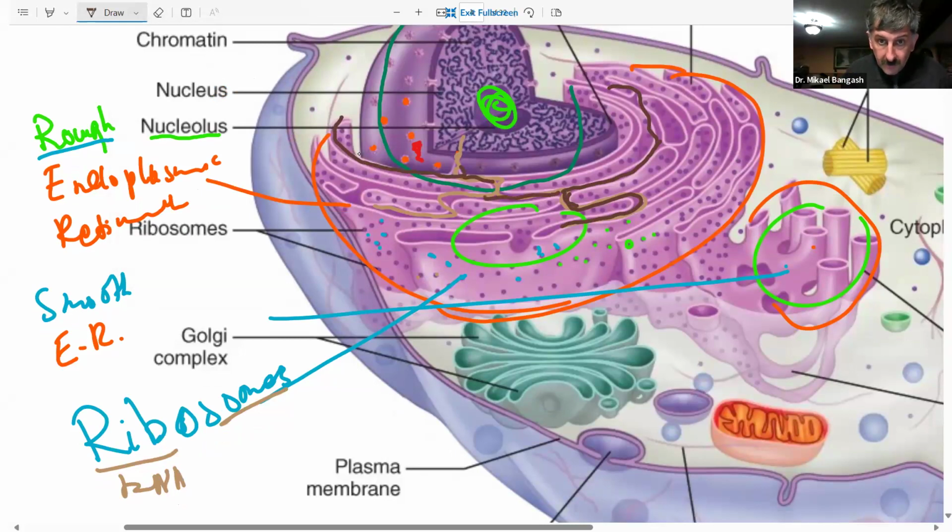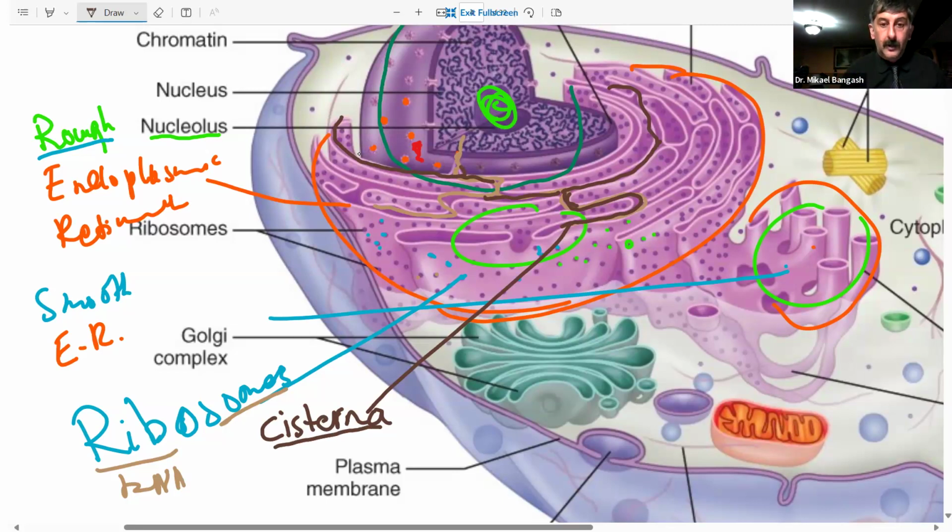But what that is going to be called is cisterna. So the passage system in your endoplasmic reticulum is going to be referred to as the cistern.